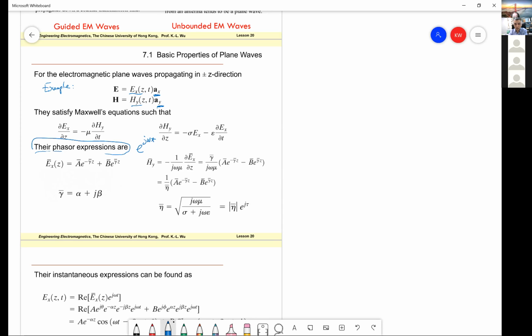We have a wave propagating in the positive z direction and propagating in the minus z direction, right? So this is a very specific form for a phasor. In general, if we are not talking about phasor, we have proved we can have an arbitrary function.